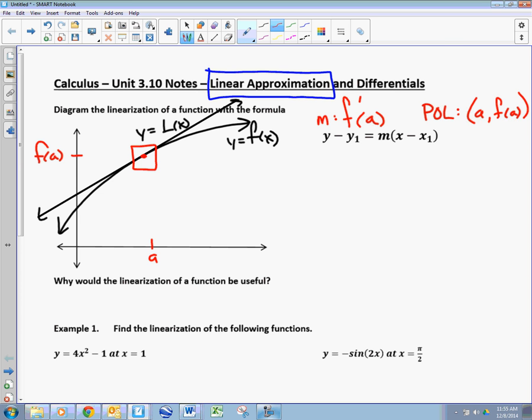Everybody okay with that? So therefore, if we want to write an equation for the linear approximation, we would say y minus the y1 value f of A equals m, which is f prime of A, times x minus A. At that one point, they are the same.